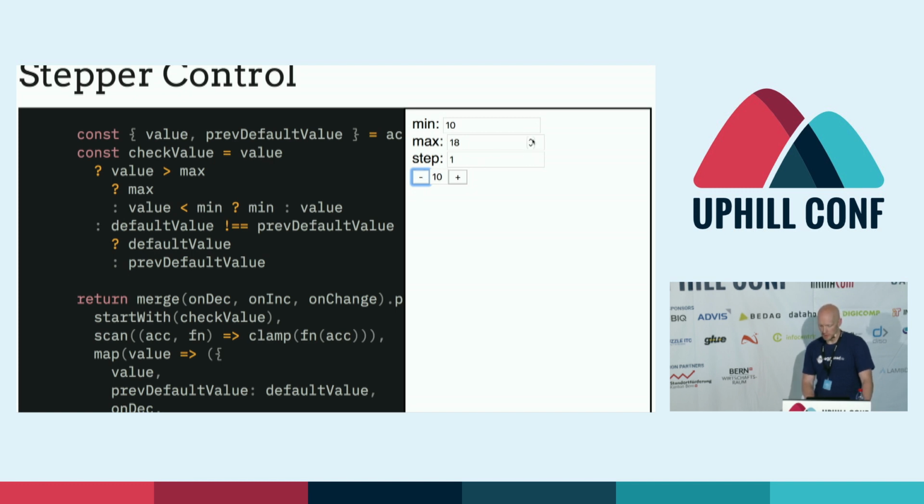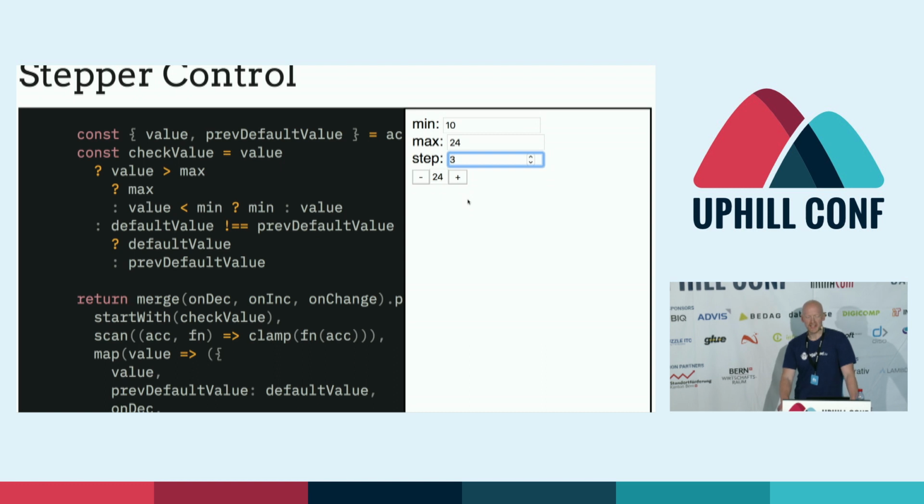And I want the maximum to be 24, and then I need to stop. If you can't hear, I'm clicking. And it's not going above 24. If I want to change the step, then I can go up and down, and I get stopped by the minimum and maximum. And I can do that on the fly inside of this example.